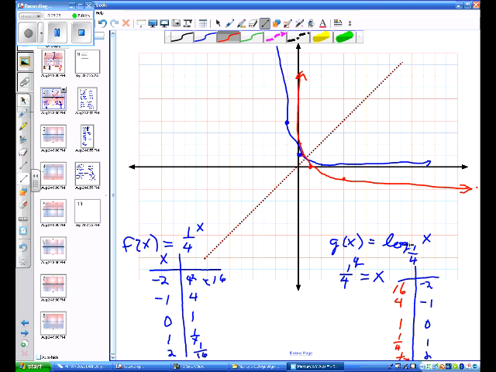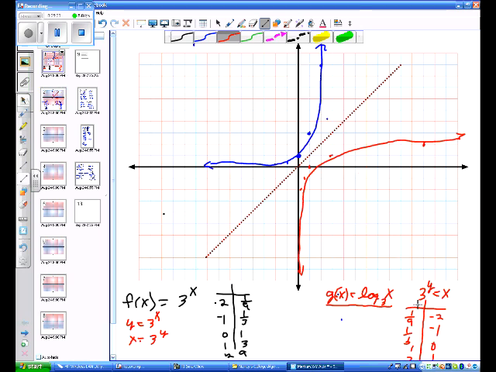And when our base was between 0 and 1, we were decreasing. Back on the other one that we did, our base was greater than 1, and so we were increasing. But we still had a vertical asymptote at x equals 0. Our y-axis was a vertical asymptote. We still crossed our x-axis at 1, 0.